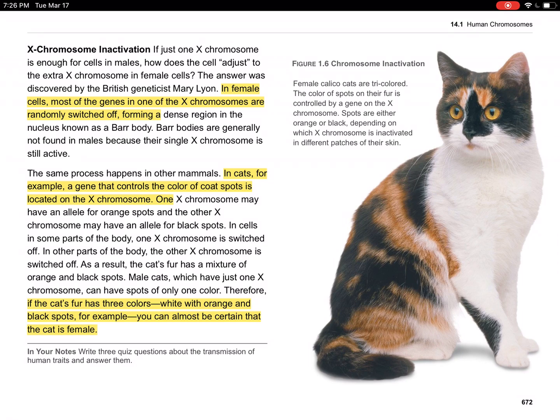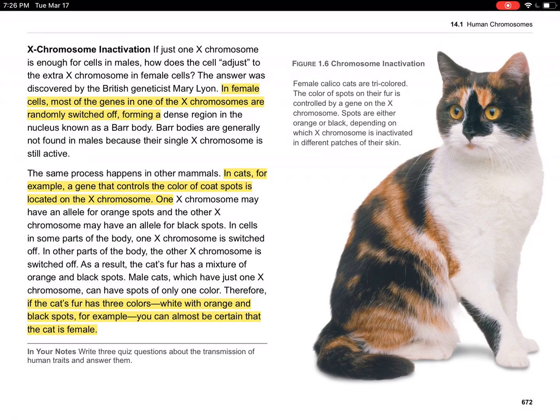In cats, which are good examples, a gene that controls the color of coat spots is located on the X chromosome. One X chromosome may have an allele for orange spots, and the other chromosome may have an allele for black spots. So what you end up seeing is orange spots in some parts of the body, while the black spots are being turned off, and then black spots in the other parts of the body, while the other X chromosome for orange spots is turned off.